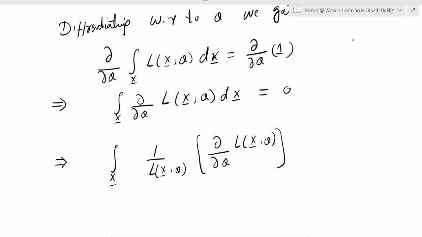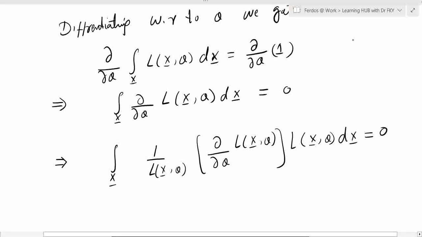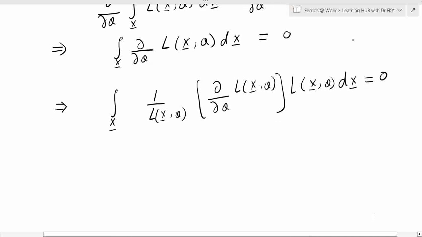I just divide this and multiply this with this one, and now multiply, this is divide, so multiply, so that this has no impact. dx is equal to 0. Now you can see that this thing you can combine by this bracket.